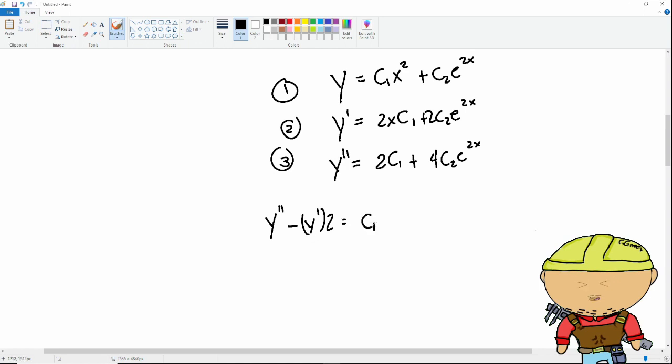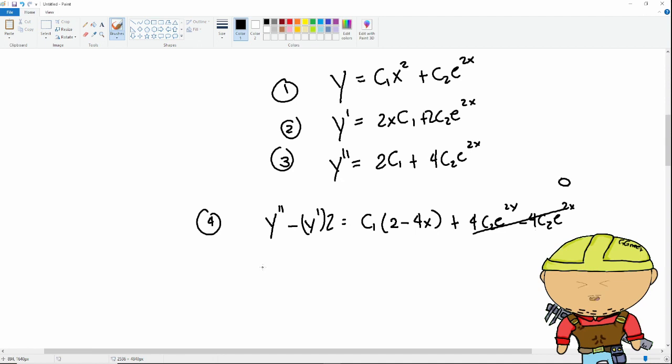So we get 2 c1 for y double prime, minus 4x c1 for y prime, because we multiplied y prime by 2, plus 4 c2 e to the 2x minus 4 c2 e to the 2x. Remember, we multiplied y prime by 2. So this will become 0. We have our fourth equation now.